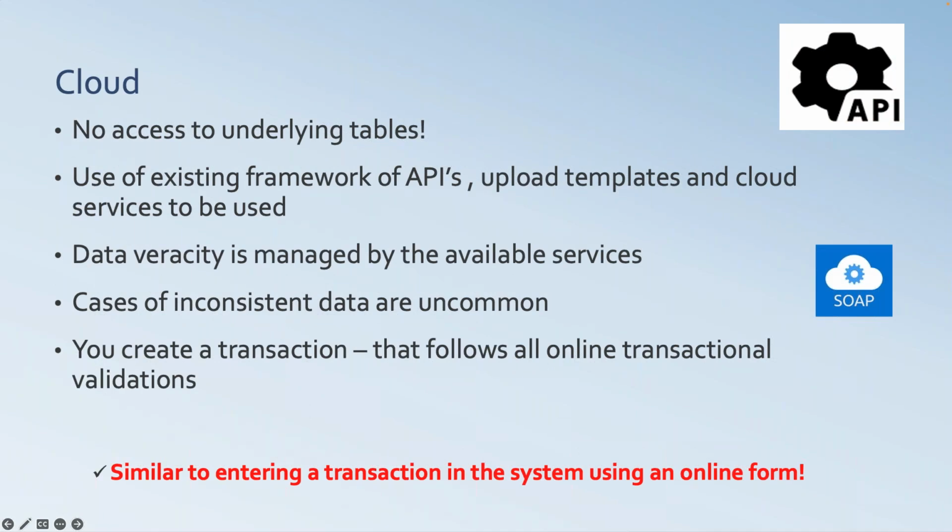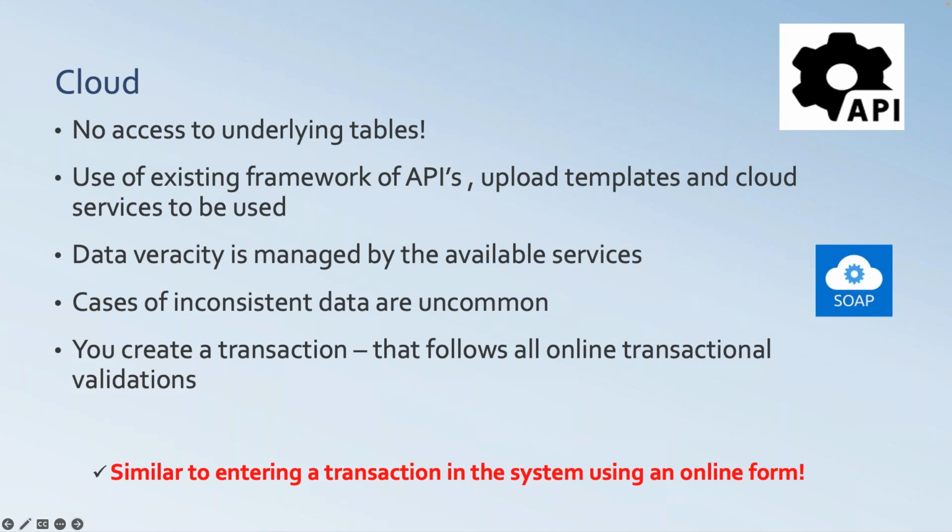And what that means is that you cannot do what you did in EBS. You have to use an existing framework of APIs, upload templates, and cloud services. What that means is that there is a framework and there is functionality and capabilities that have been provided so that you can actually interact with the data sets that you want in the system and get data pulled in.